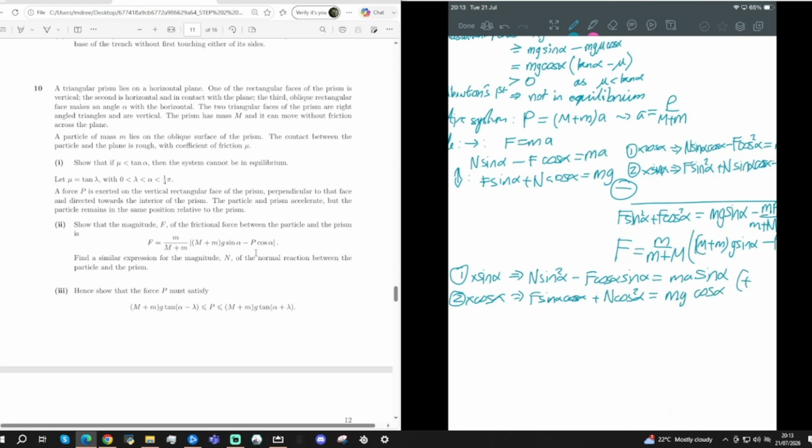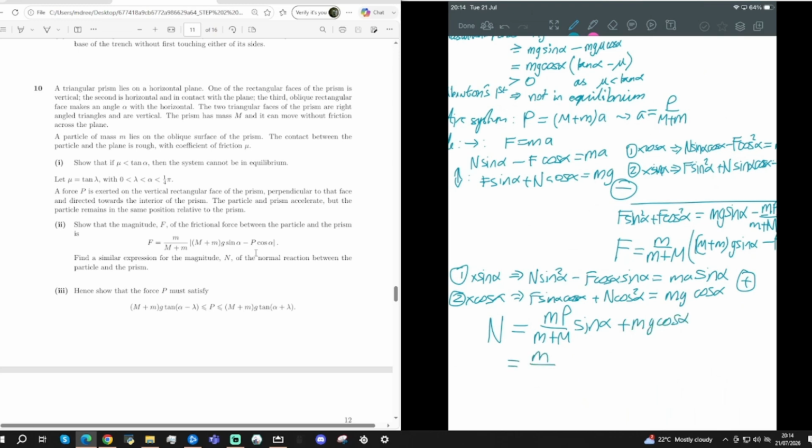And now if I add these two equations, cancelling the f terms, we're left with n equals, I've jumped the step of the sine squared plus cos squared. Now I could try and jump more steps here, but that feels a bit too brave, so I'm going to go just a tad slower. Putting the a into that first one, I'm getting mP over M plus m sine alpha plus mg cos alpha.